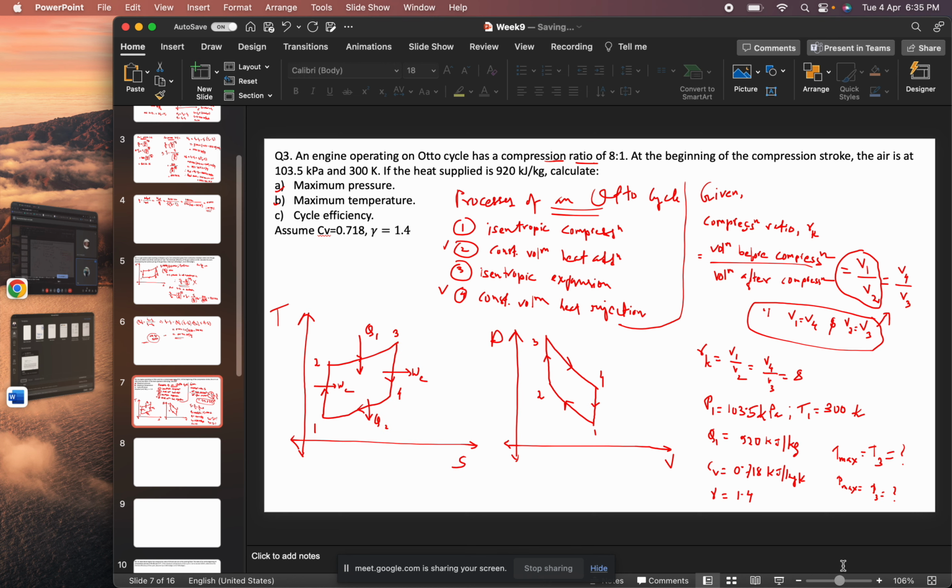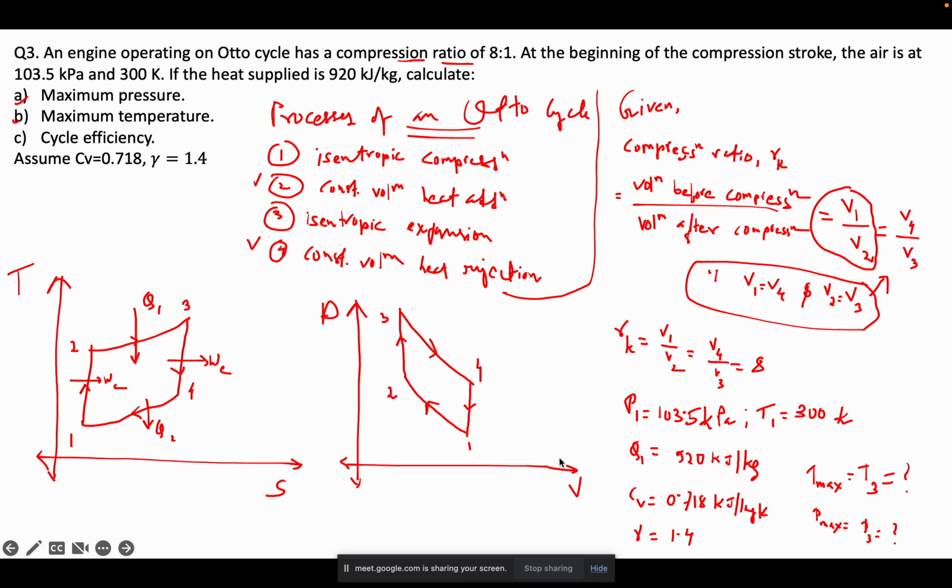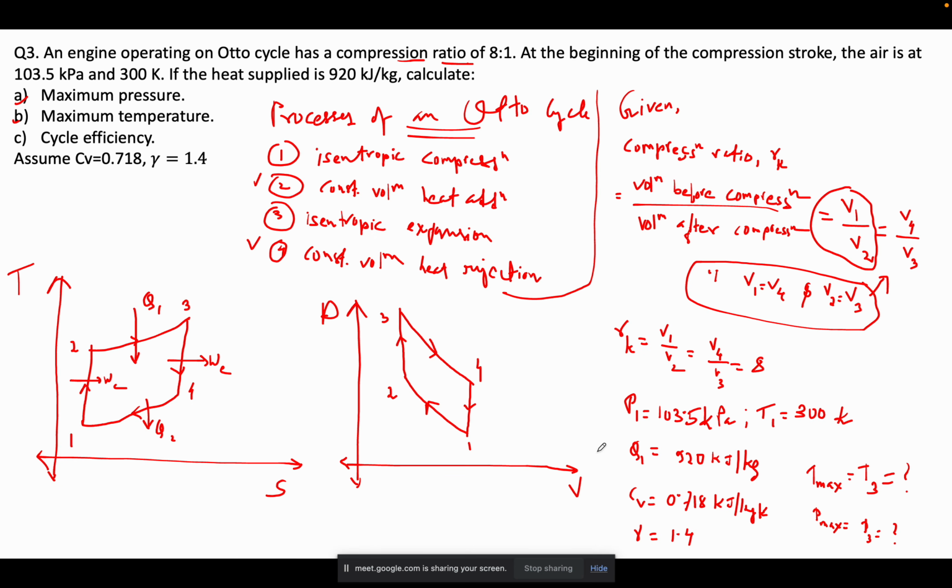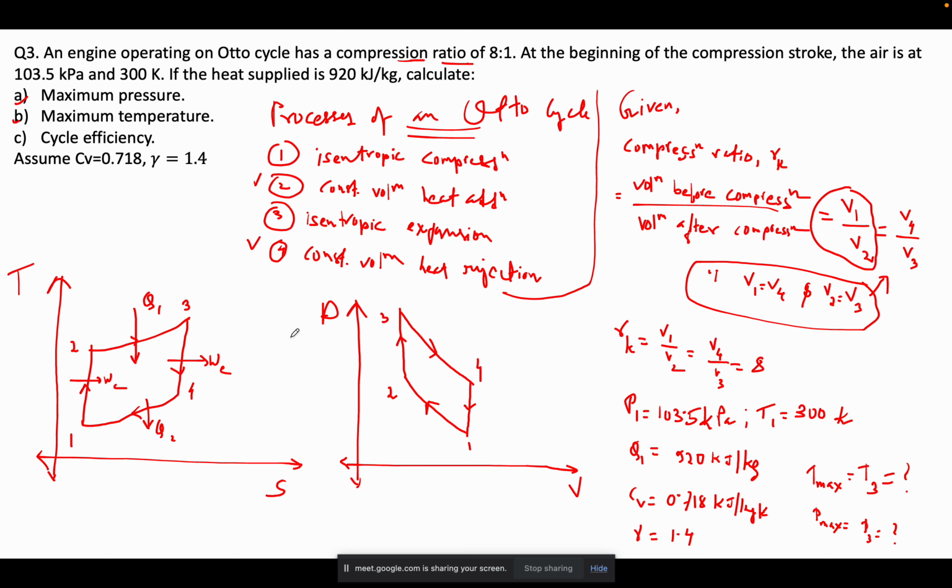Now we know T1. In order to calculate T3, we should know T2. Why? Q1 is nothing but H3 minus H2.